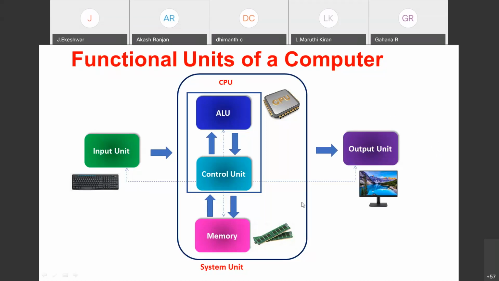Some other major functional unit in the computer is the memory unit. So the memory unit consists of two types of memory. So what are the two types of memory? It is the primary memory or the main memory, and the secondary memory. What is the purpose of primary memory?